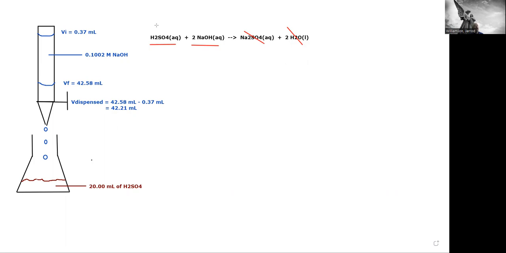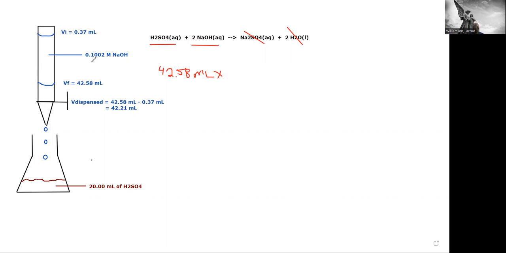So if I go ahead and do that, I have here dispensed 42.58 milliliters of 0.1002 molar sodium hydroxide.